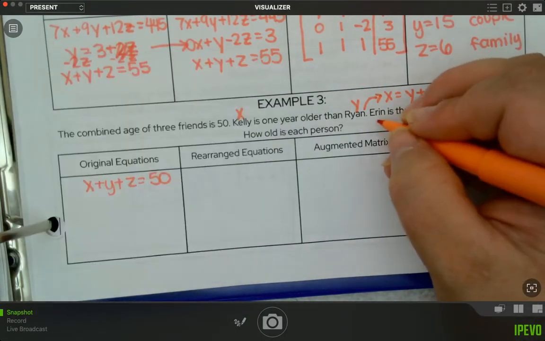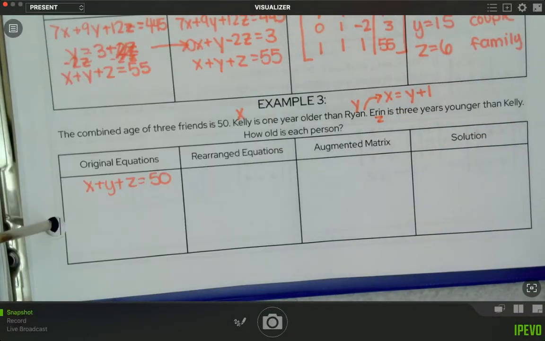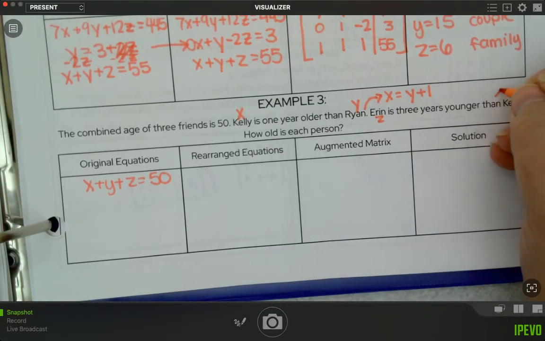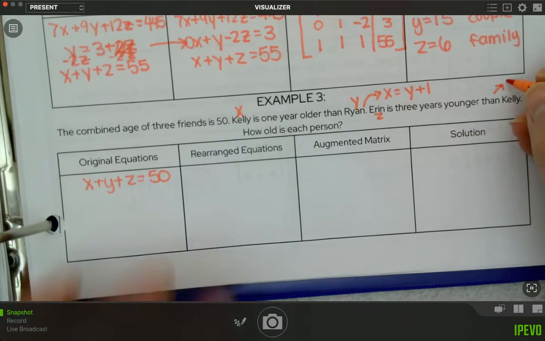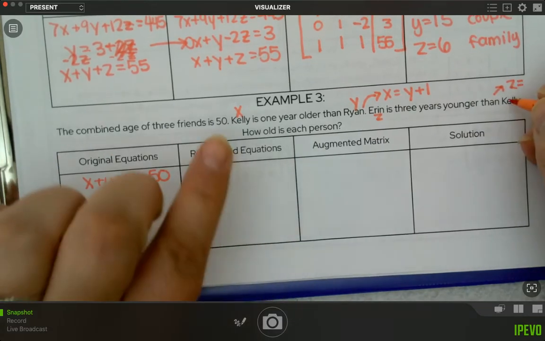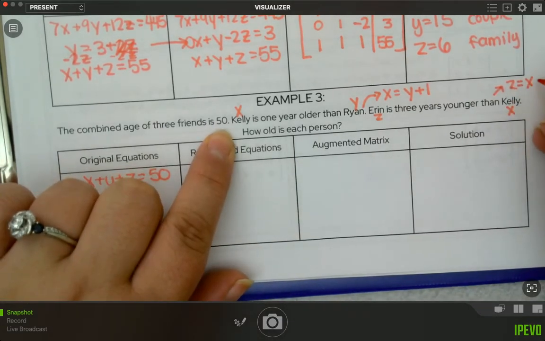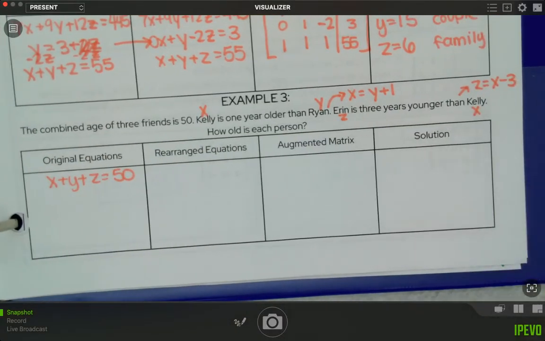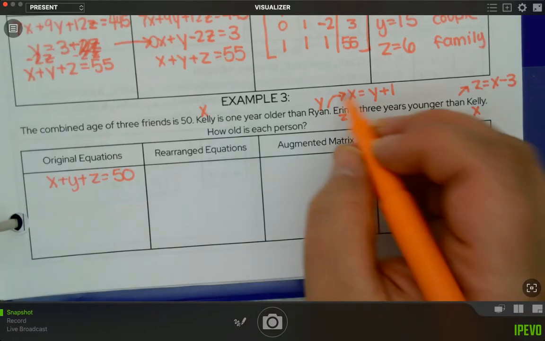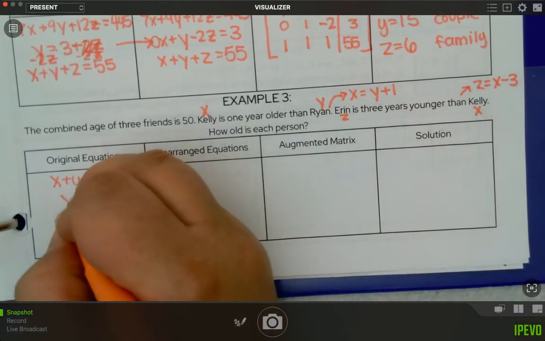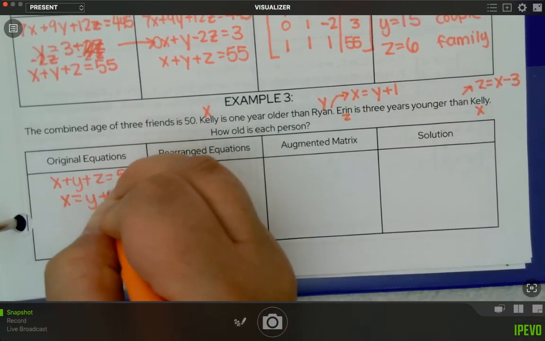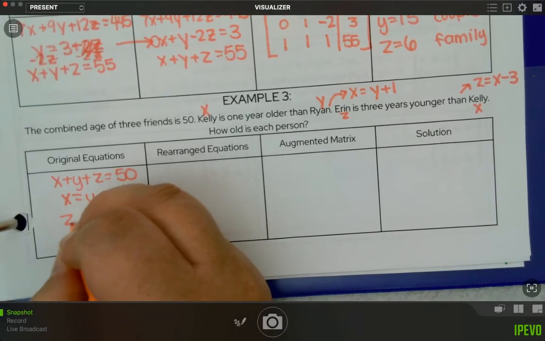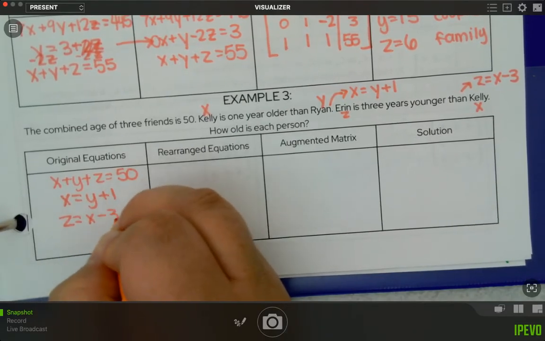Aaron, Z, is 3 years younger than Kelly. So that means that Z equals Kelly, which is X, minus 3, because we're younger now. How old is each person? Well, here's my last two equations. X equals Y plus 1, and Z equals X minus 3.